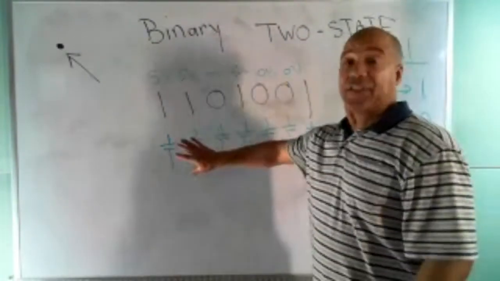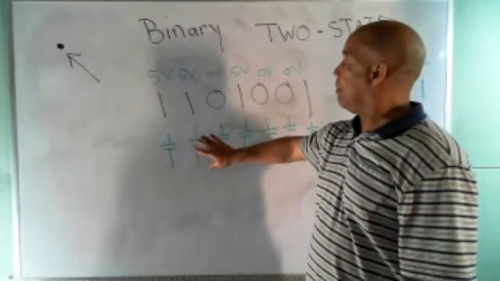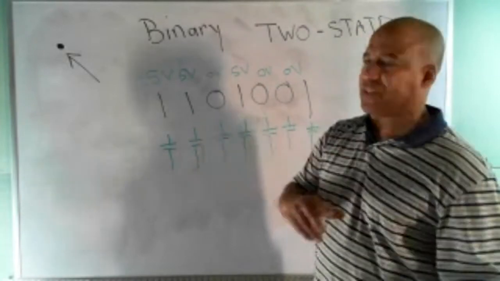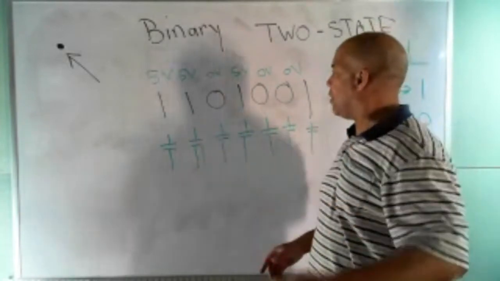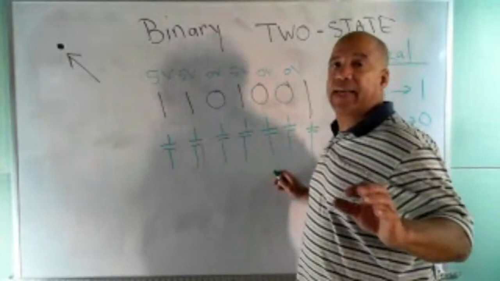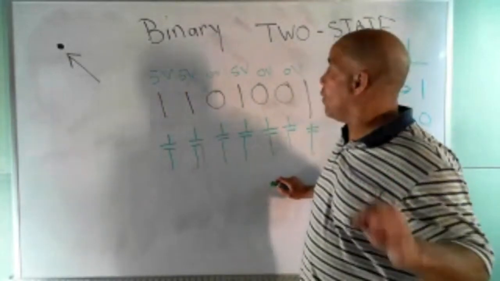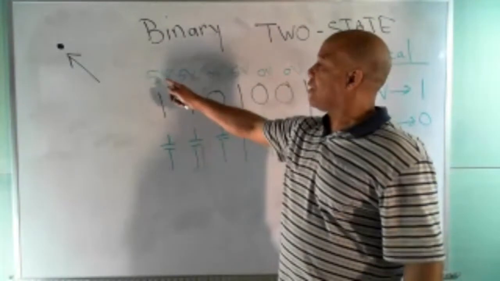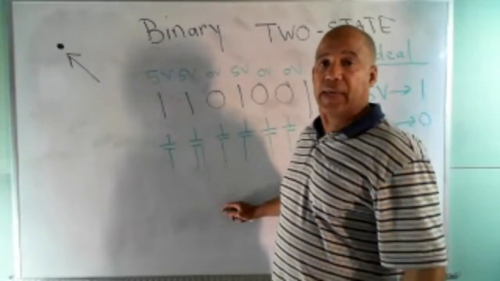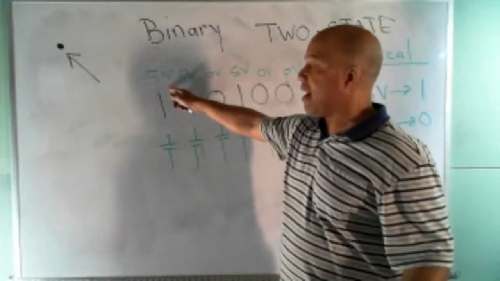Now, they actually use capacitors, and they use devices too that are a little bit more high tech, but we won't go into that. I just want you to understand that on the machine level, really what you're dealing with is the presence or absence of a voltage. In our class, this will be 5 volts and 0 volts.